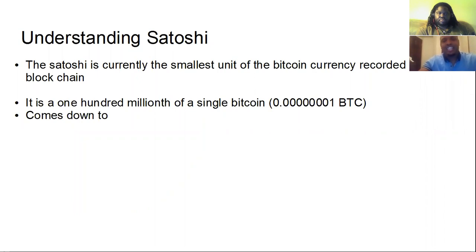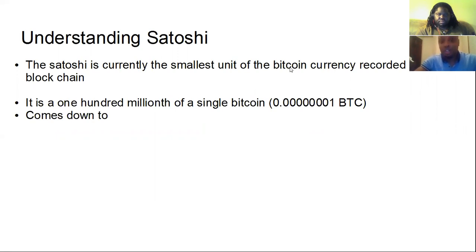Basically, Satoshi is a unit of measurement. It's one millionth of a single Bitcoin. As the price of Bitcoin goes up, the dollar value of Bitcoin actually goes down. So $1 used to equal 1 BTC, but as the price goes up to 100, even 7,000 as it is now, $1 is actually equal to 1,300 Satoshis.